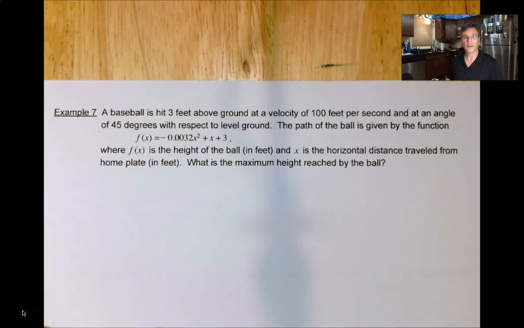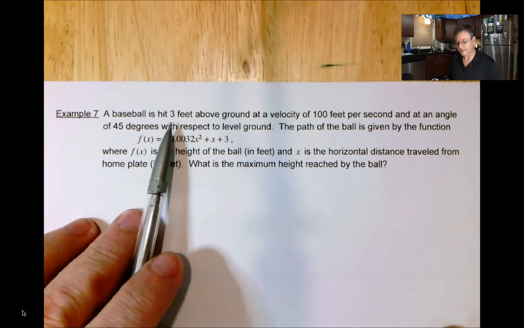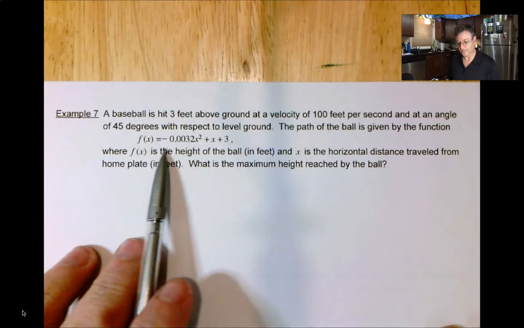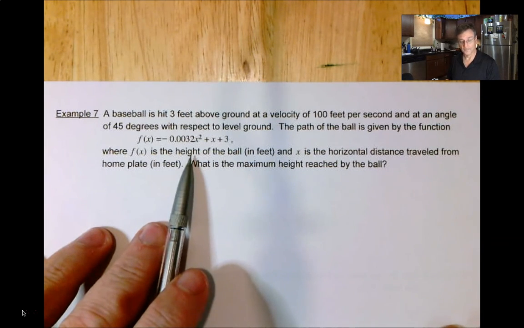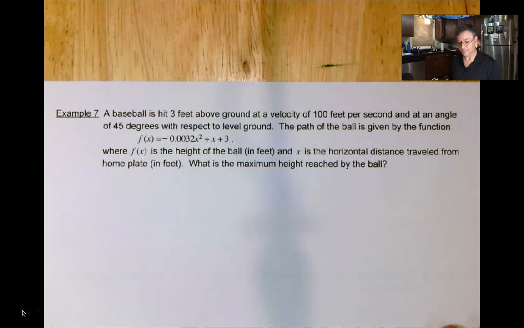Okay. So example 7, a baseball is hit 3 feet above the ground at a velocity of 100 feet per second at an angle of 45 degrees with respect to the ground. The path of the ball is given by the function f of x equals negative 0.0032 x squared plus x plus 3, where f of x is the height of the ball in feet and x is the horizontal distance traveled from home plate in feet.